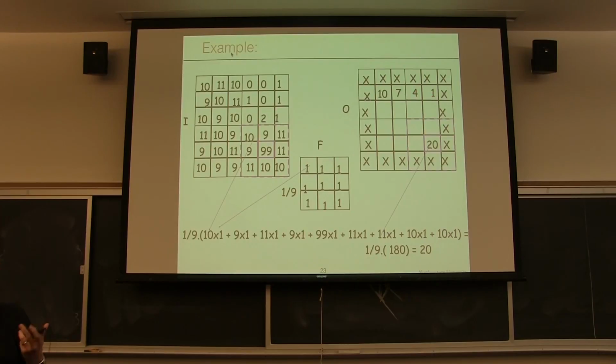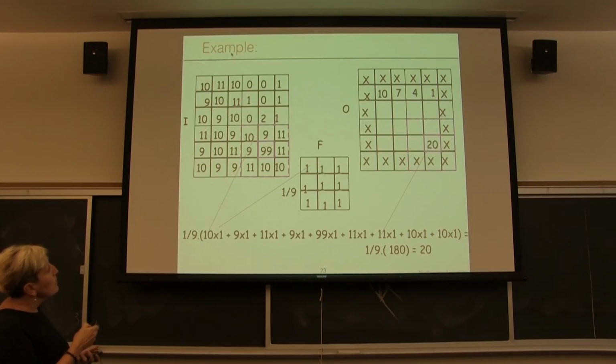Over here, more or less, but again, I have this problem where at the boundary, this guy became higher than what I wanted, and this guy became lower than I wanted, right? The 11 went down all the way to 7, because I have these 0s and 2s bringing him down. And this 1 went up, because I have these 10s and 11s bringing it up. So in the boundary, I'm not doing so well. Over here I did well, over here I did well. And over here I did a more or less decent job, meaning that I went from 99 to 20.